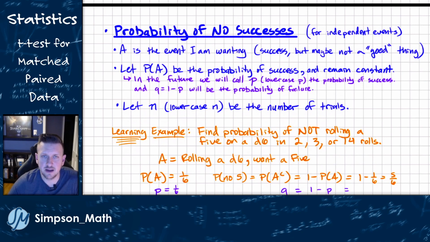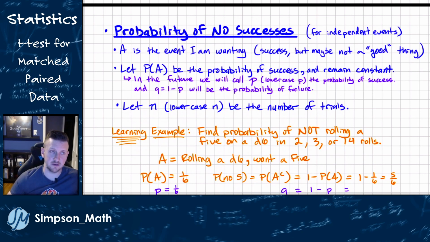Suppose I'm a cancer researcher and I'm testing different samples that come through to determine, for a certain type of cancer, if there's cancer present. If I find that somebody has cancer, that's what I'm looking for, so I found a success, but that doesn't necessarily mean that's a good thing.